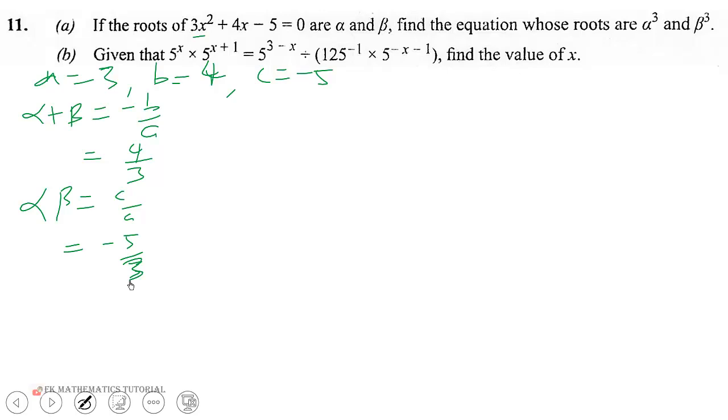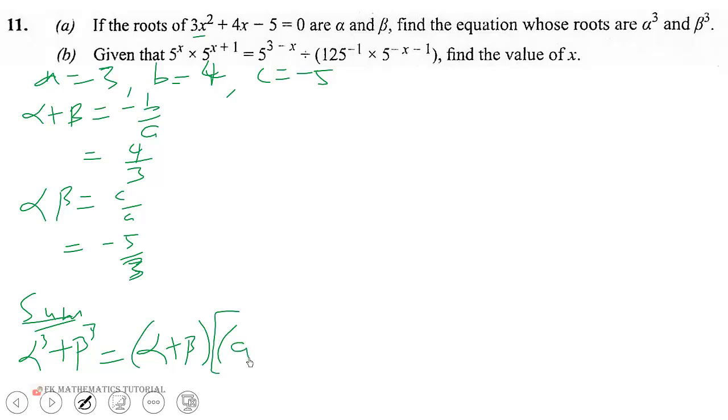So the sum of new roots is given by alpha cube plus beta cube, and this expression is equivalent to alpha plus beta, then into brackets alpha plus beta squared minus 3 alpha beta.